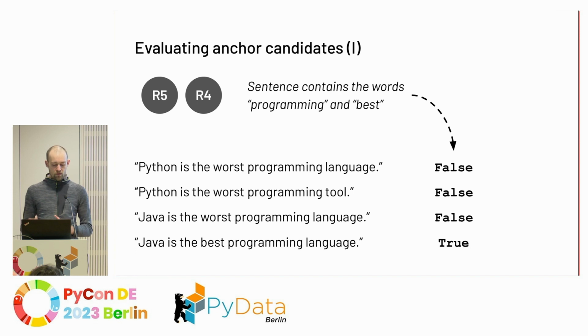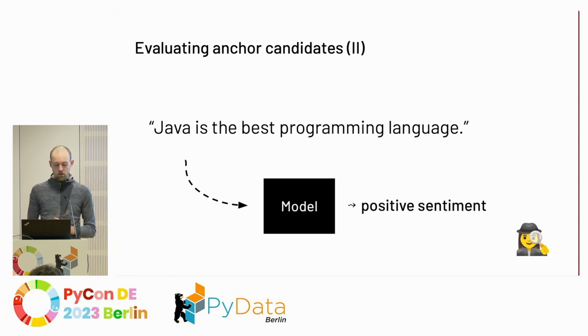And once we have found that sentence, we will then feed this sentence into our model. And then the model will either say it's a positive sentence or a negative sentence, and this gives us some hint. So then we learn a little bit more about this set of rules. It doesn't tell us everything, but at least it's a sign in either direction.